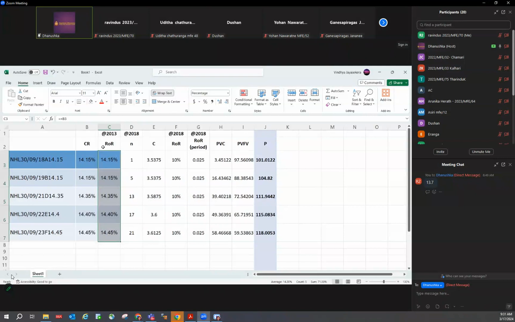Because the bond was issued at par, the required rate of return was equal to the coupon rate, because the price was equal to the face value. Because of this, we know that the price was 100. From 100, do you see my prices have increased? Why have my prices increased? That's the first question. In 2013, the price was 100.